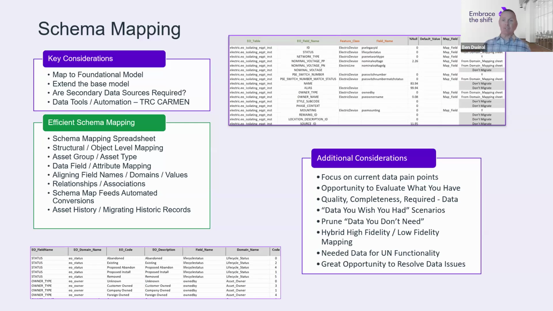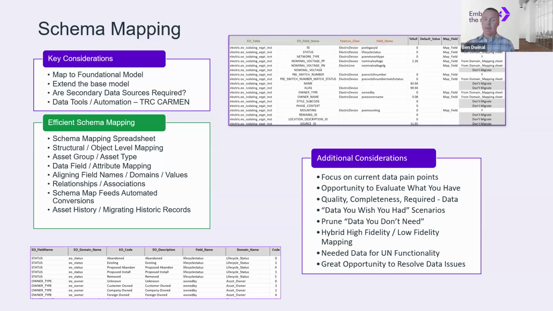If you look at our mapping spreadsheets, in most cases they're going to be loaded with "don't migrate" tags just for this process alone. The last thing I'll point out with schema mapping is, as you're heading into it, focus on key data elements that the UN needs to be built and to operate your key analyses.